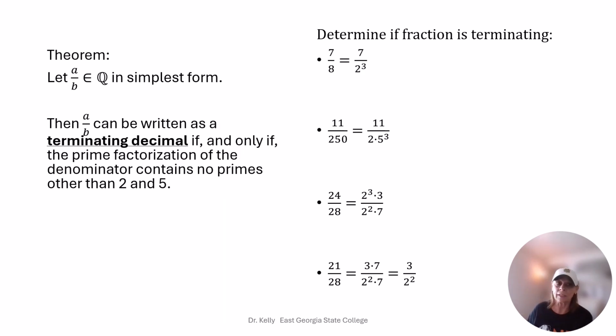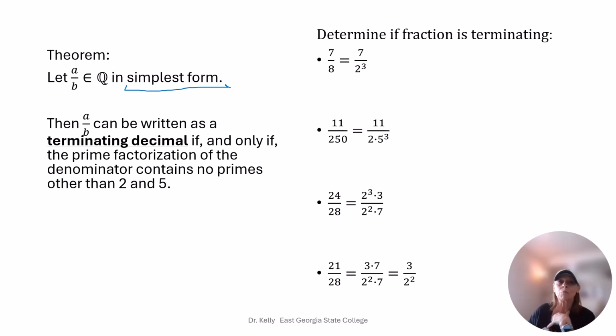Okay, so we finally get to the definition and the theorem that deals with terminating decimals. A theorem: let A over B be an element of the rationals in simplest form, and that is super important, in simplest form.